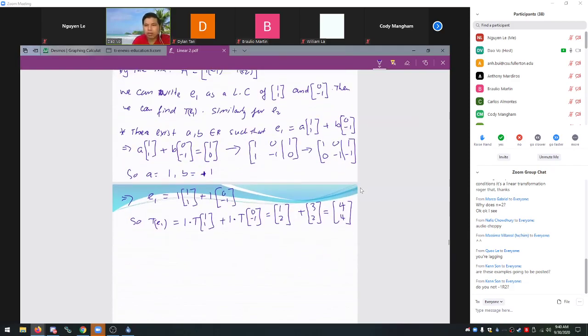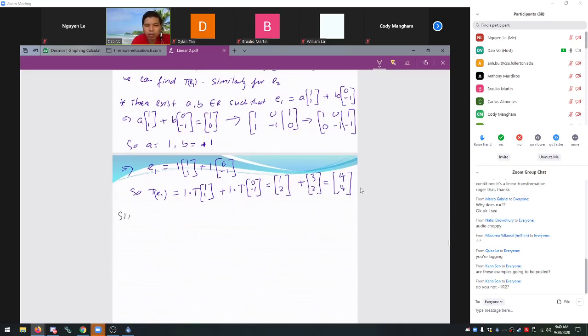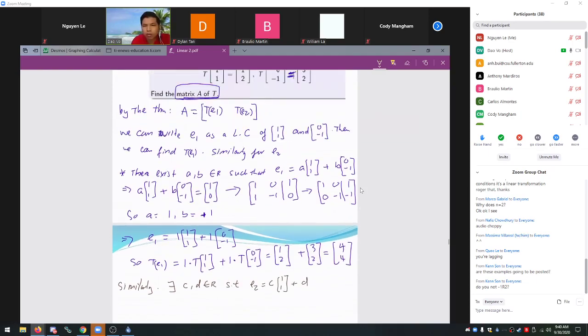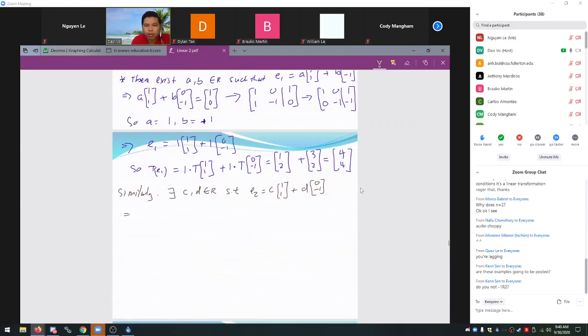All right, so similarly, I use different letters here. There exist c, d in R such that E2 equals c times (1, 1) plus d times (0, -1). So we get c(1, 1) plus d(0, -1) equal to (0, 1).